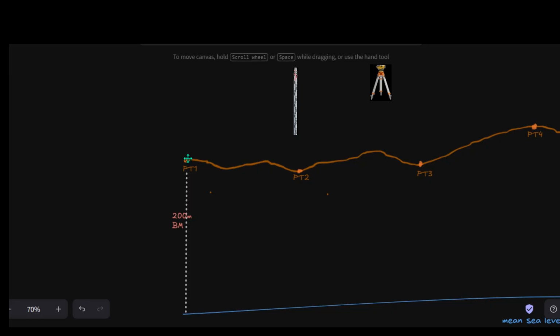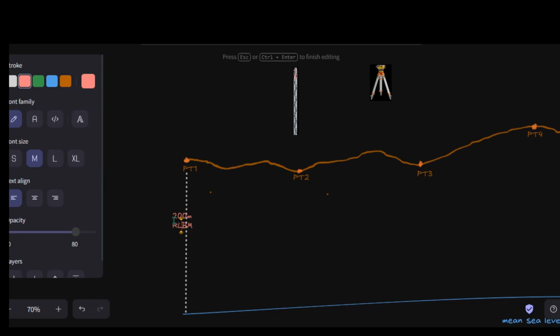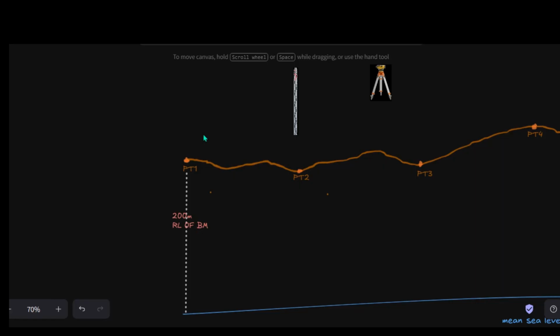Let's say the distance from this point down to the sea level is 200 meters, and then it is called the reduced level of the benchmark. So the RL of the benchmark is about 200 meters high, sorry, not deep, 200 meters high from the sea level. So it has a reduced level of 200 meters from this mean sea level.